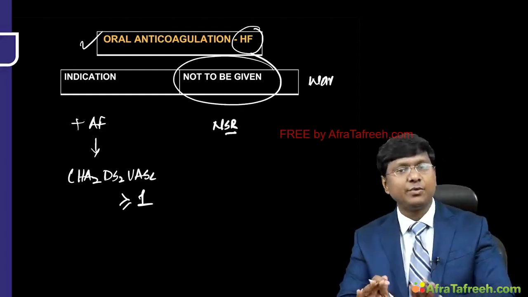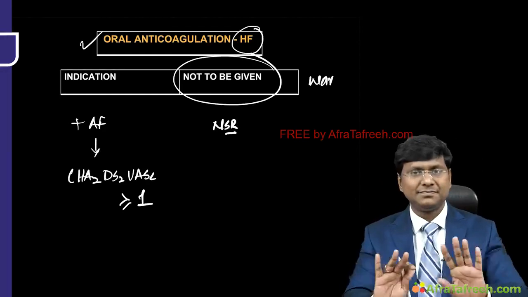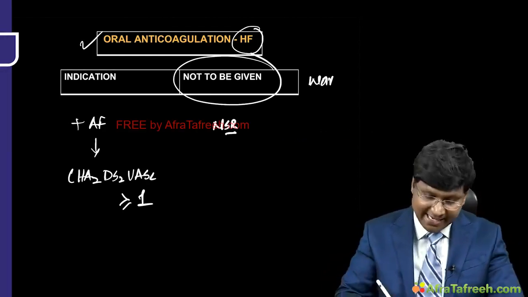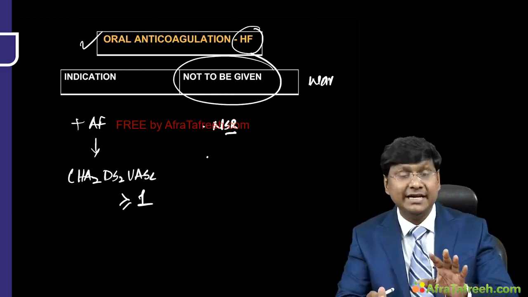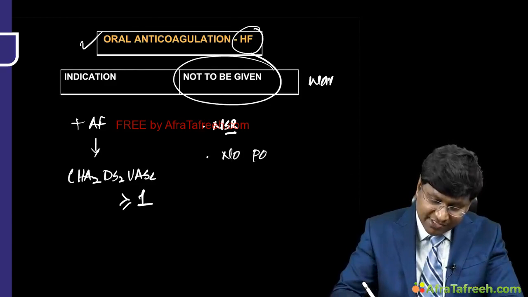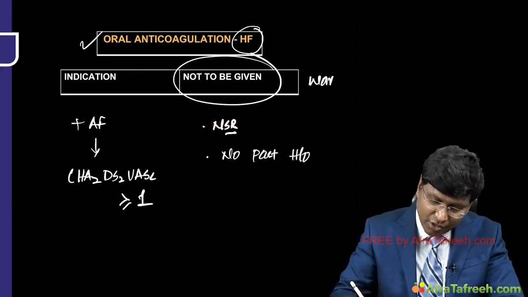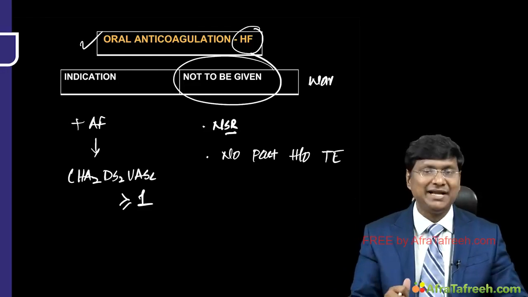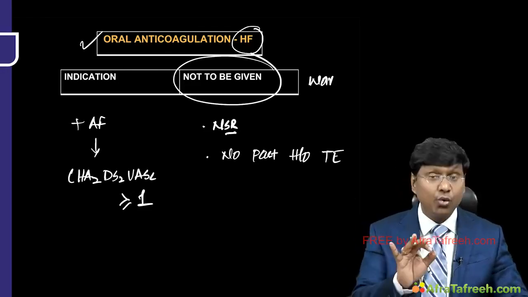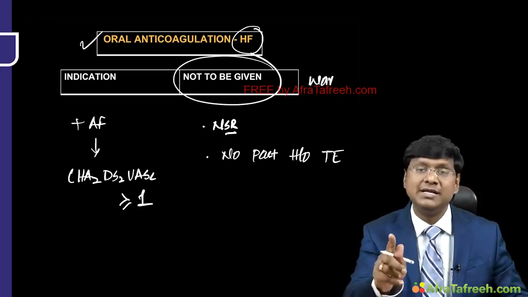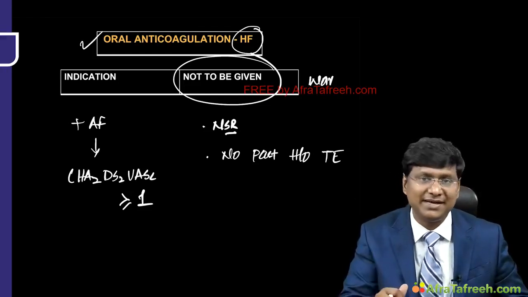Heart failure with normal sinus rhythm, anticoagulation is not required, okay. And not only that, if the individual has no past history of thromboembolism, why is there a requirement for anticoagulants? Not required. So only when the individual is in a state of atrial fibrillation with heart failure do you need to give anticoagulation, right?